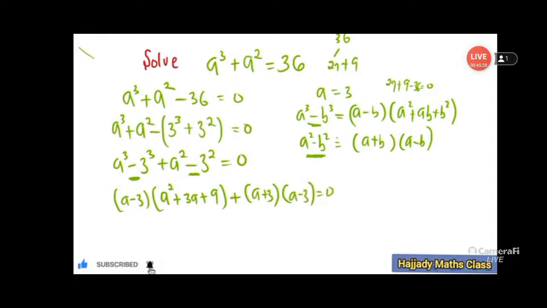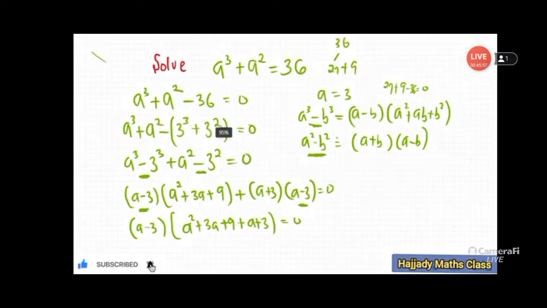So with this, we can see that a minus 3 is common to both sides, which can be factorized out. So here I'm going to have a minus 3 being factorized. So we are left with a squared plus 3a plus 9, plus a plus 3, which is equal to 0.